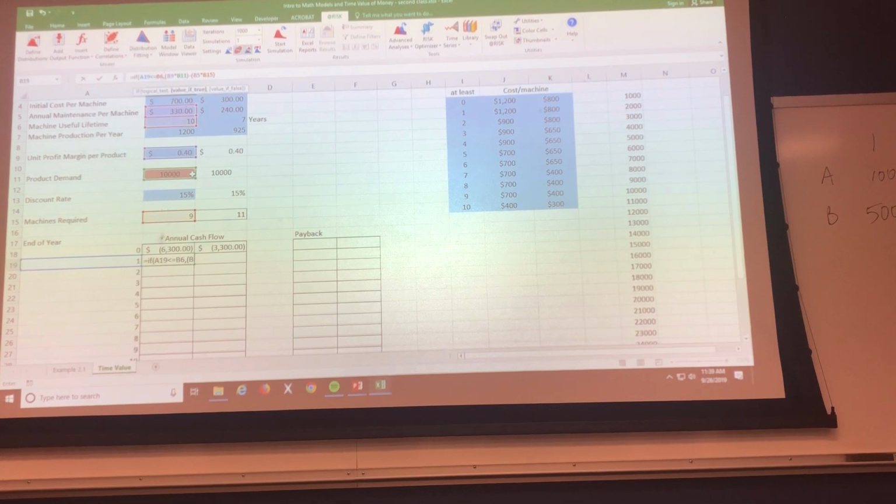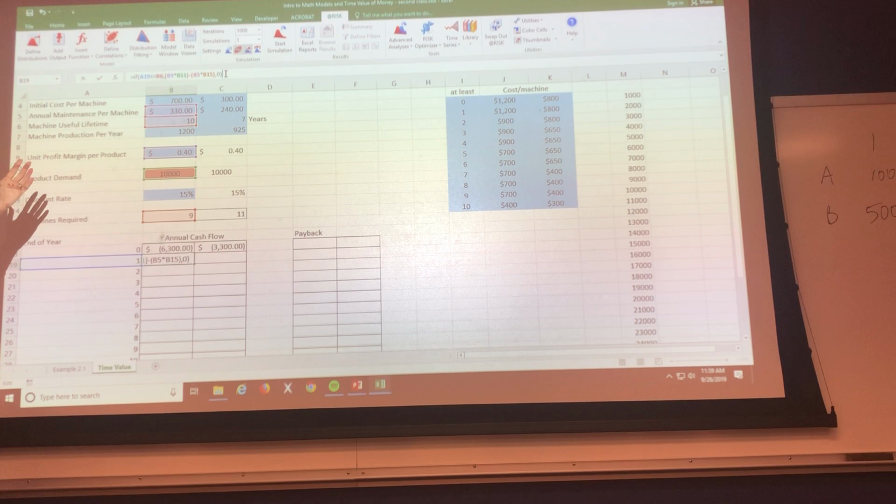Because if I am, then that calculation will be made. Otherwise, go over to the end, comma, then it should be 0. So I checked the formula first, and then I embedded it into an IF statement. That's checking to make sure I'm still within the useful life of the machine, because if I'm not, then I would just want that to display as 0.